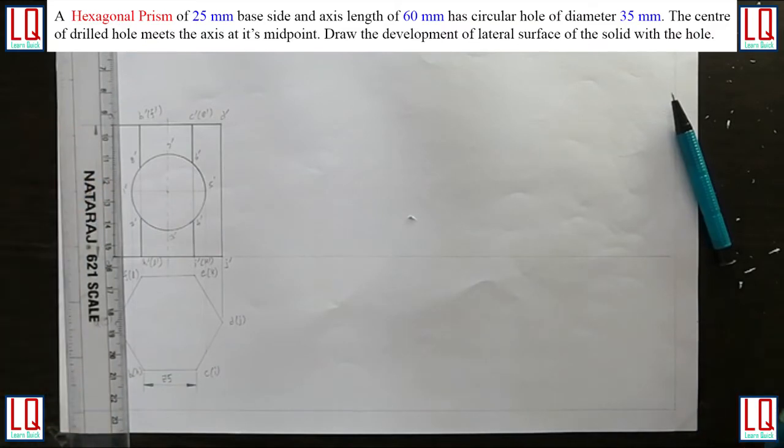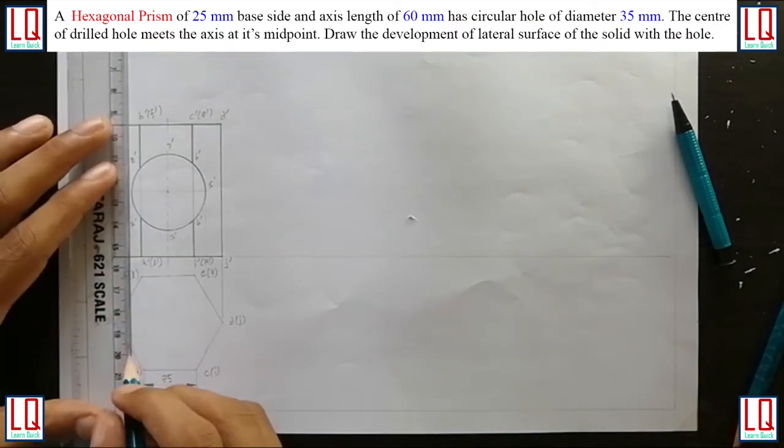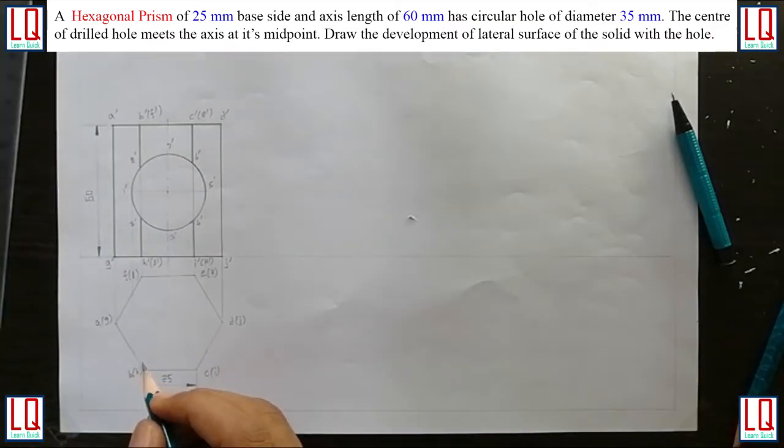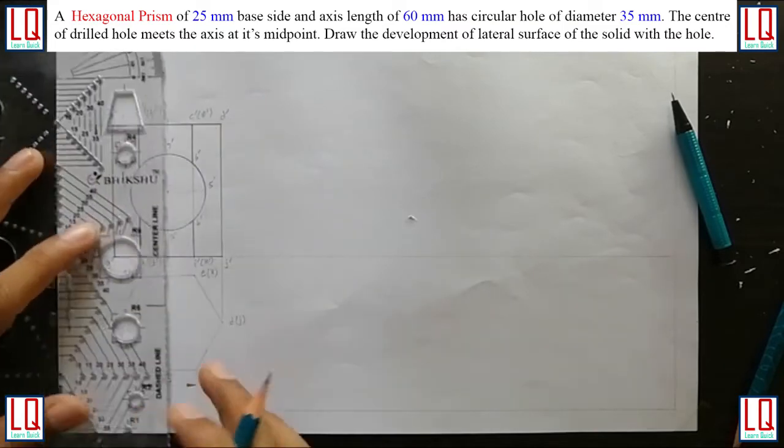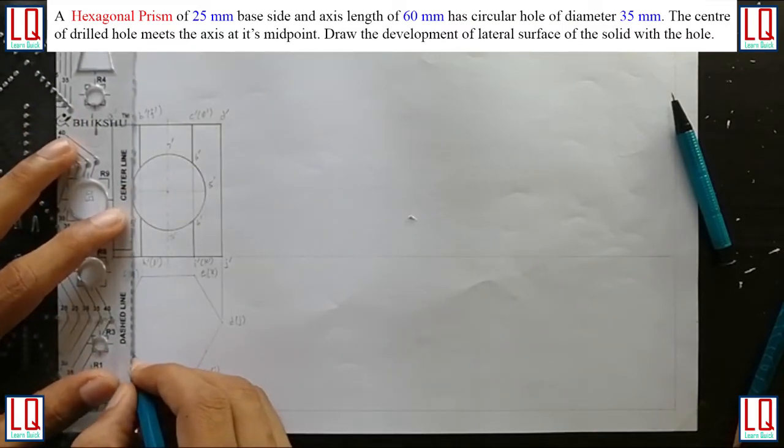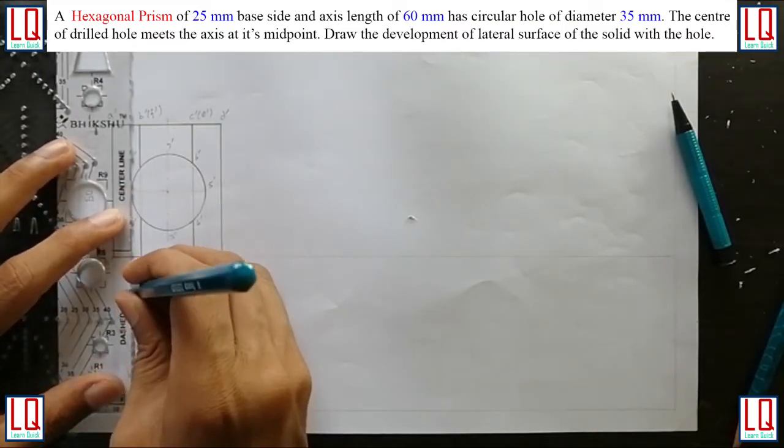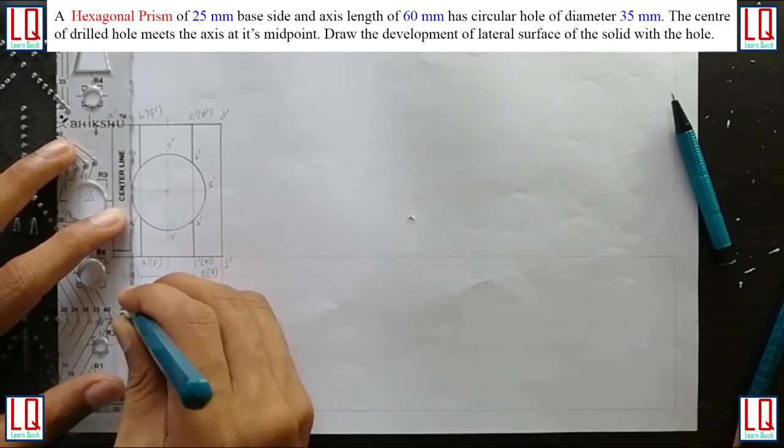So from the top view, this line is going to be hidden. So I will draw hidden lines here.